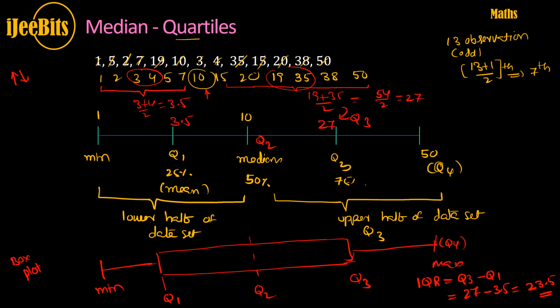The interquartile range is nothing but Q3 minus Q1. That is what we are going to calculate, which is 23.5.